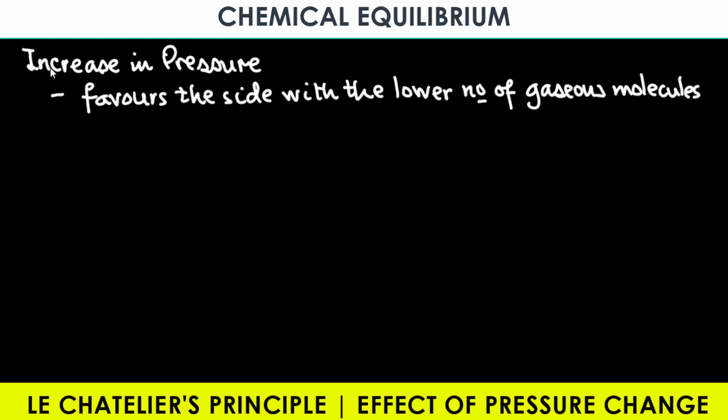Right? So now, like I said, it's not as straightforward as temperature, where you can say it favors the forward reaction or favors the backward reaction. It depends on which part of the reaction has a lower number of gaseous molecules, right?